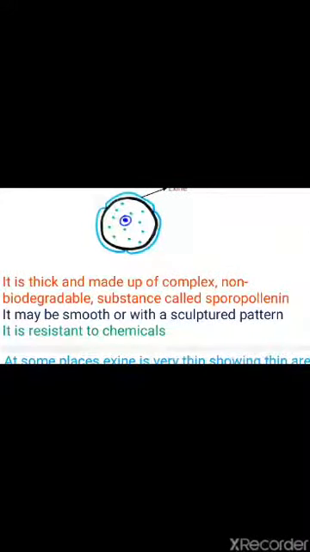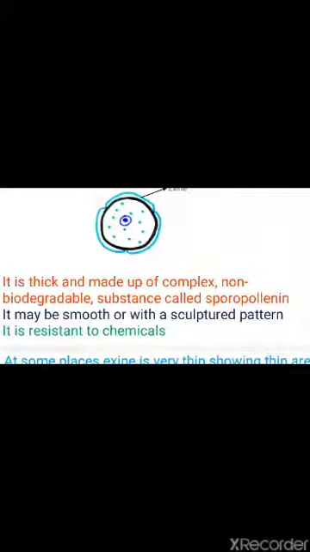This exine is thick and made up of a complex non-biodegradable substance called sporopollenin. It may be smooth or with a sculptured pattern.